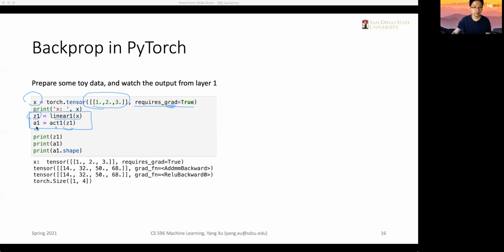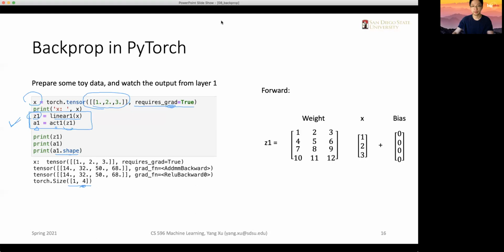And if we look at the shape of A1, it'll be 1×4. That's expected because our linear is defined to map a 3-dimensional vector to a 4-dimensional vector. So the forward pass is very easy and straightforward.